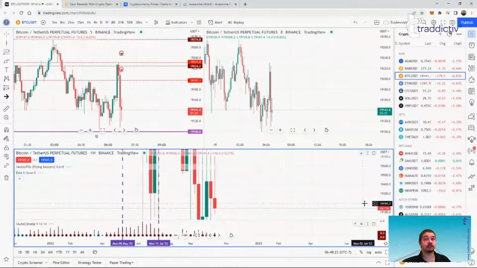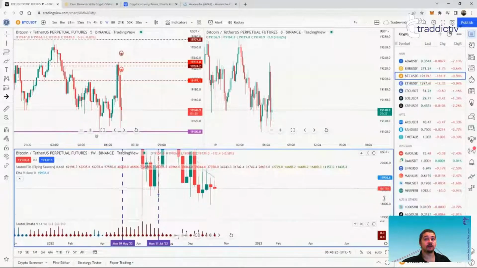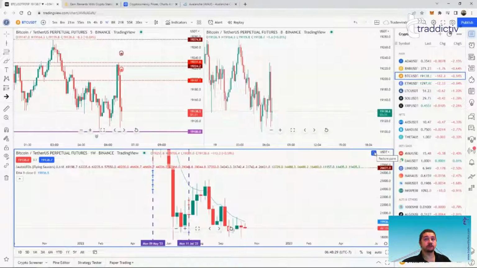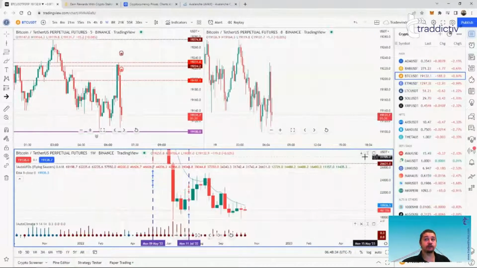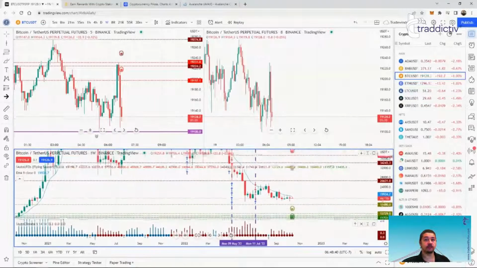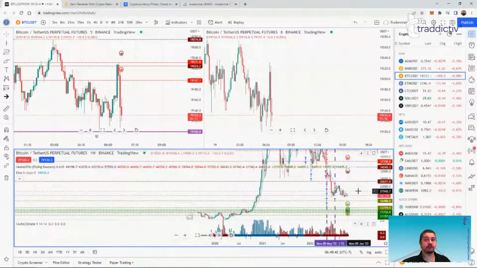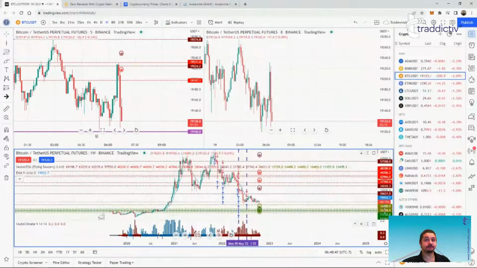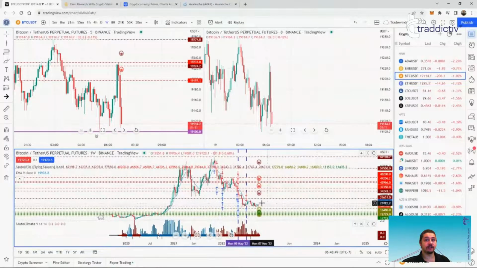If we just look at the weekly on Coinbase, we'll see that we're quite a ways away from where the top was. We're right here at this area where there was an initial boom.